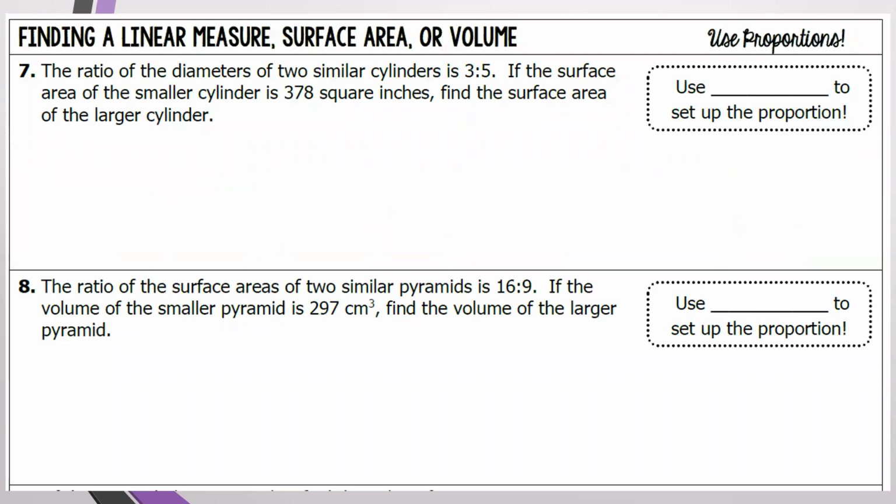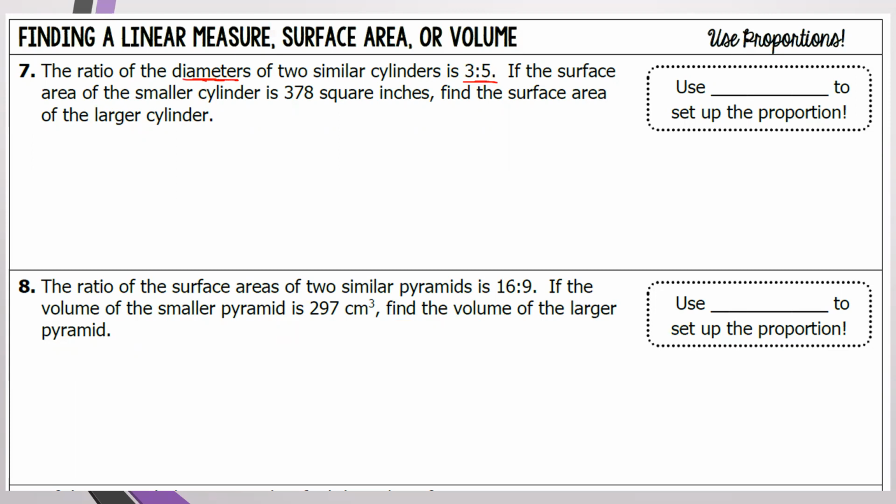All right, now the next ones are a little different because what's going to happen is they're going to give you some information. You're going to have to find a missing surface area, a missing volume, a missing linear length, just depending on the problem. So in number 7, it says the ratio of the diameters of 2 similar cylinders is 3 to 5.